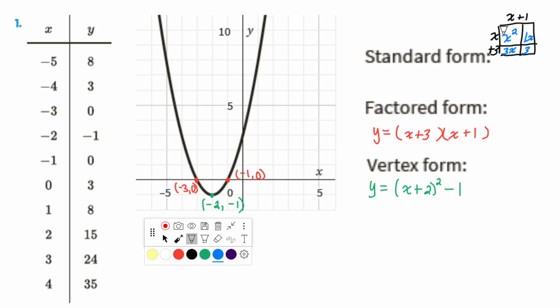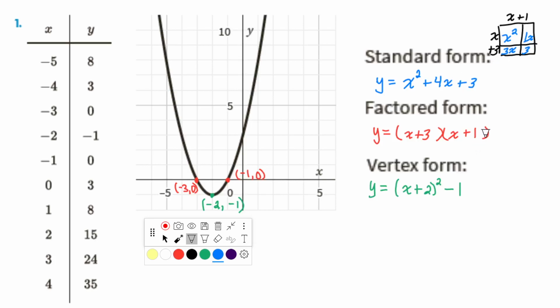Standard form is taking these terms in our area model and combining any like terms and writing them in order from greatest exponent down to the constant. So it's x squared, 3x plus 1x is 4x, and then we have the units plus 3.